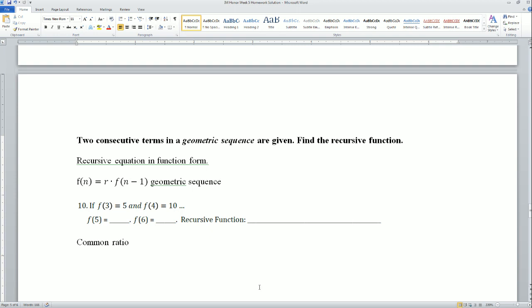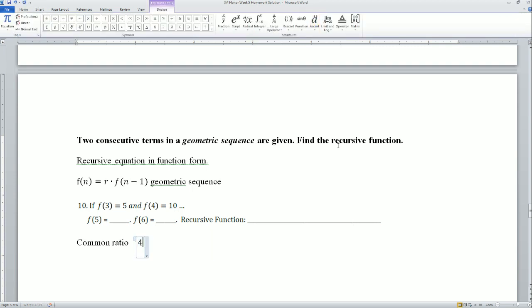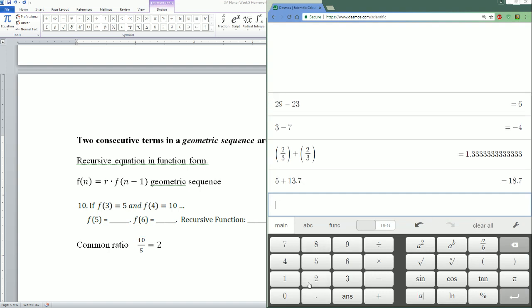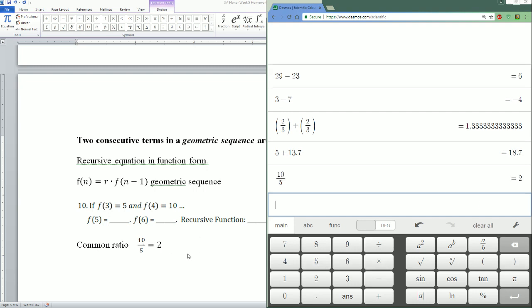Let's do that. So what is 10 divided by, let's just do this in a fraction so you can see this much better. 10 divided by 5, that should get me 2, right? You want to see that? Okay. 10 divided by 5. Perfect. 2. There you go.